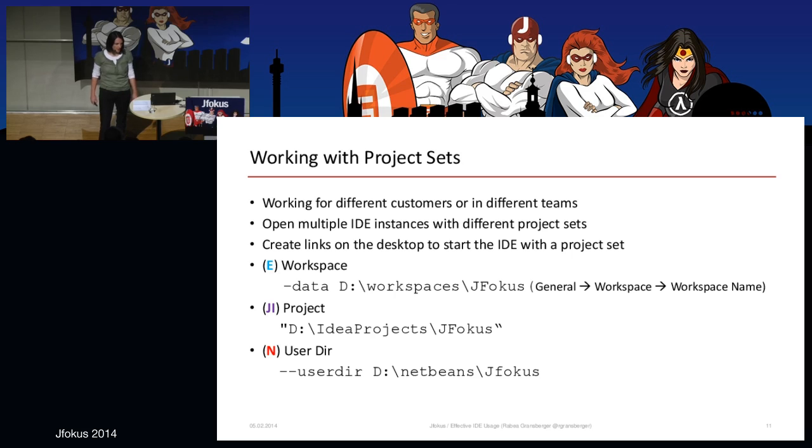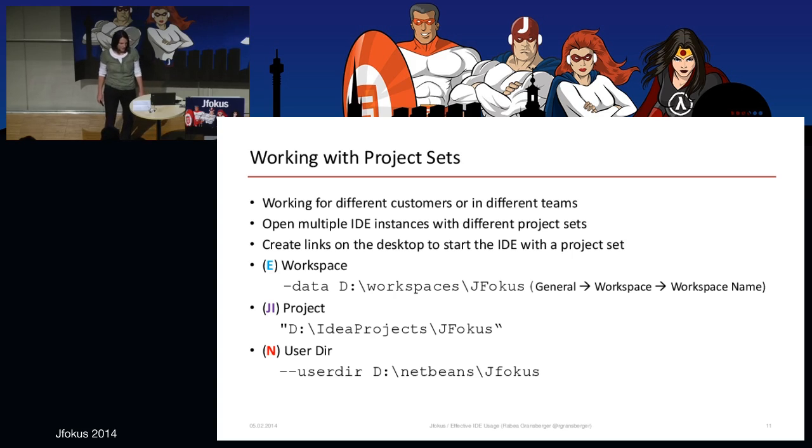Here's how you can do it. For Eclipse, a project set is called a workspace, essentially. And you can have a minus data parameter on which you just pass in your workspace name. There's also another nice feature: you can give a workspace a name. If you go into the preferences, there's also a workspace name, which will show up nicely in your taskbar.